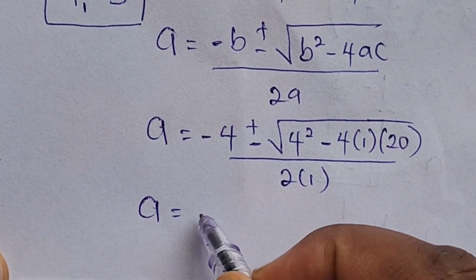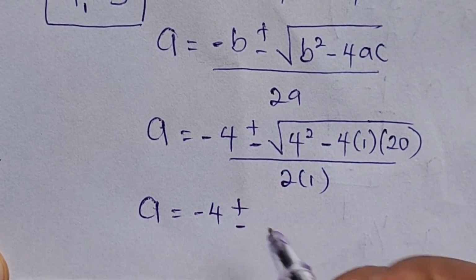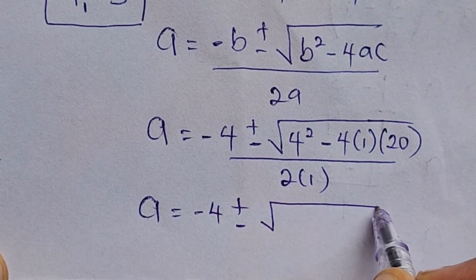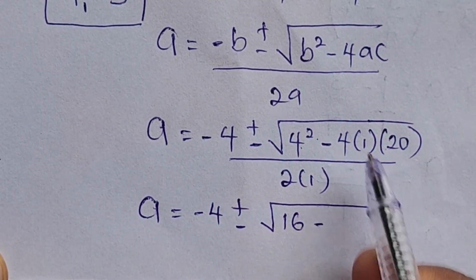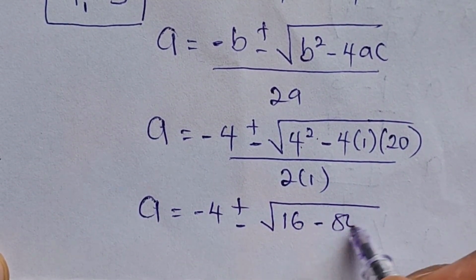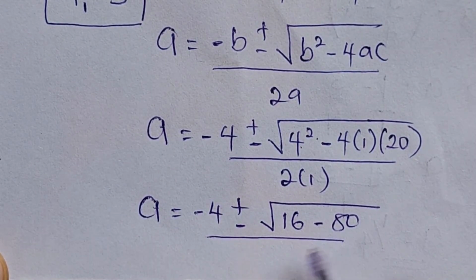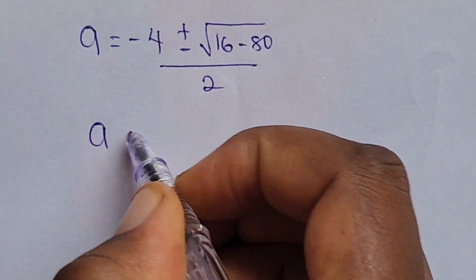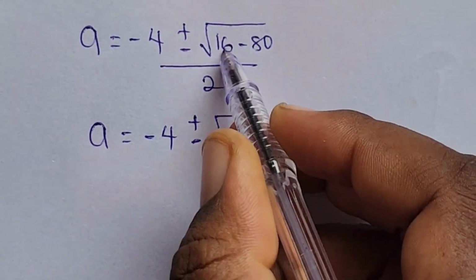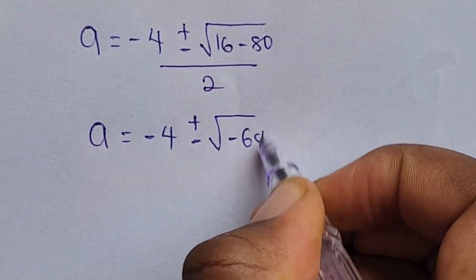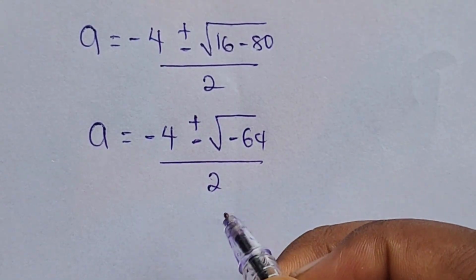So a is equal to minus 4 plus or minus, we have 4 to the power of 2, which is 16. We have 4 times 20, which is 80, all over 2. So our a is equal to minus 4 plus or minus, this minus this, we have negative 64, all over 2.